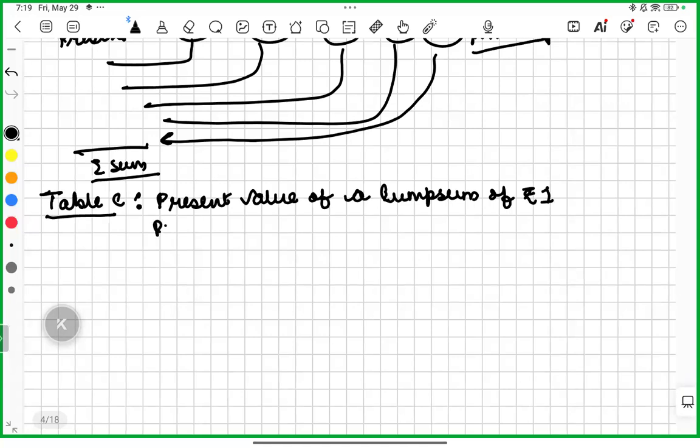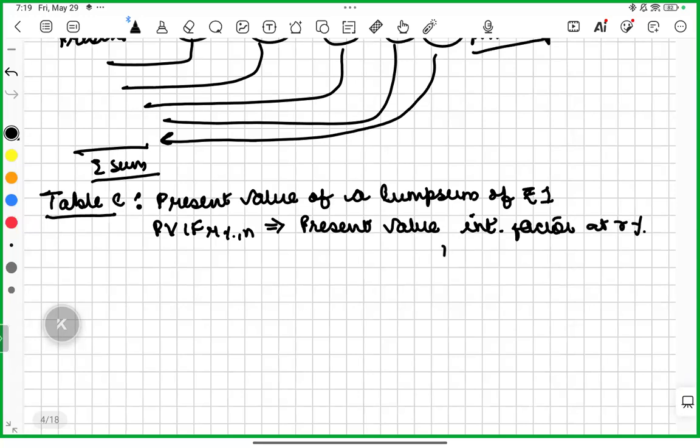It is also called PVIF at R percentage for n years, which simply means present value interest factor at R percentage for n years. So when do you use PVIF or table C? When you have one single future value and you have to find out its present value, but one single amount.